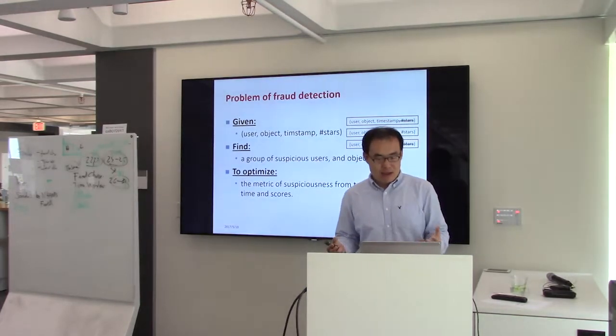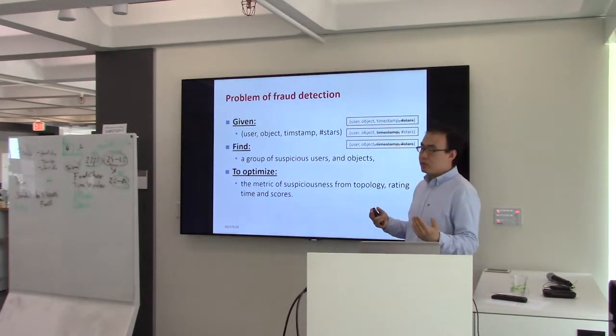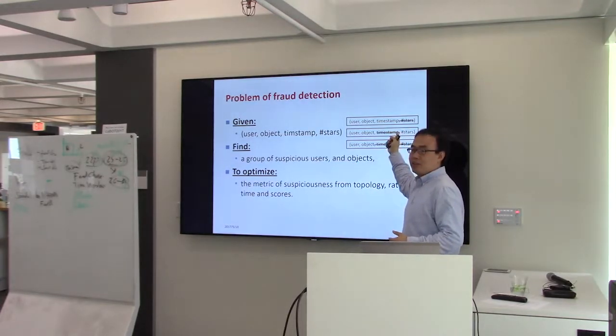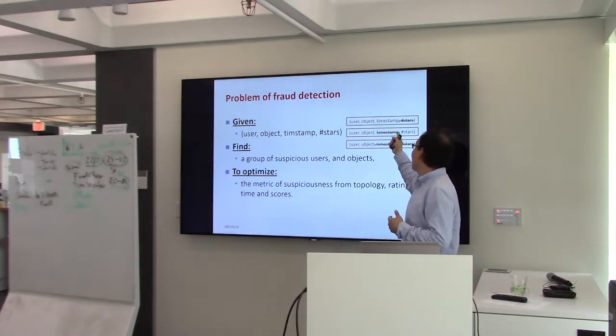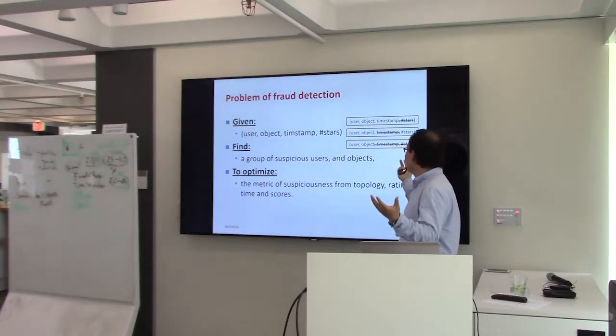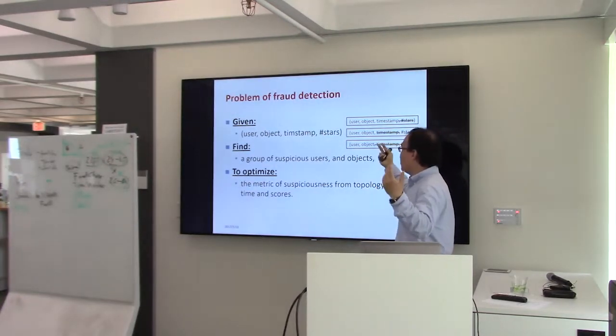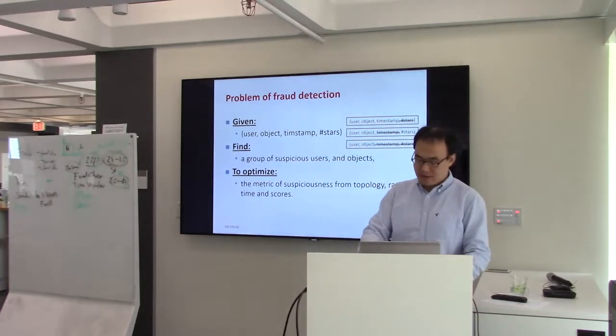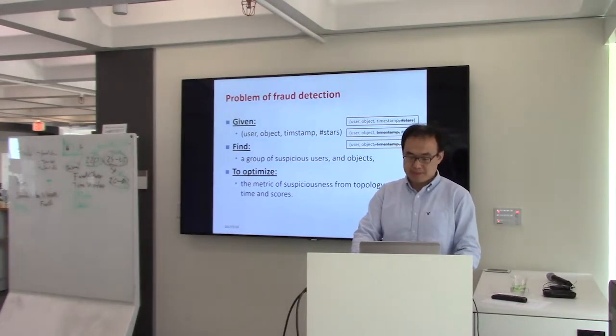To generalize our problem, we also allow some missing elements, like missing numbers of stars or timestamps, and we can even have only user-object pairs. That's the basic setting of the whole problem.